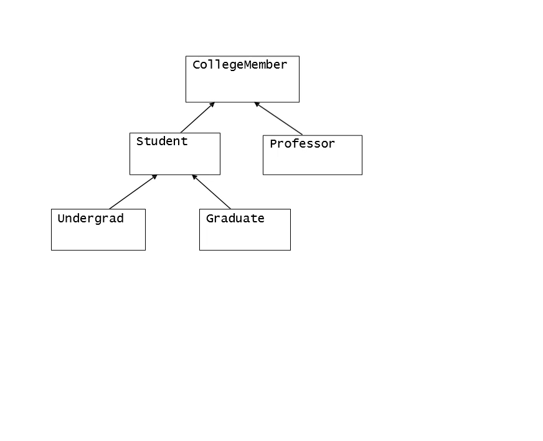Now, let's say for all these five categories, you want to know what the telephone number is. Okay. So you could put in college member a method that will just return the phone number of that member of the college.